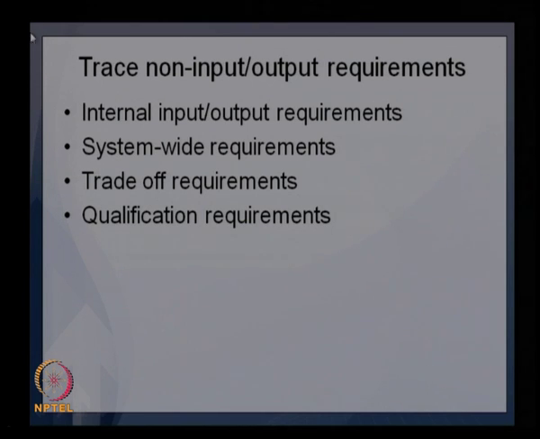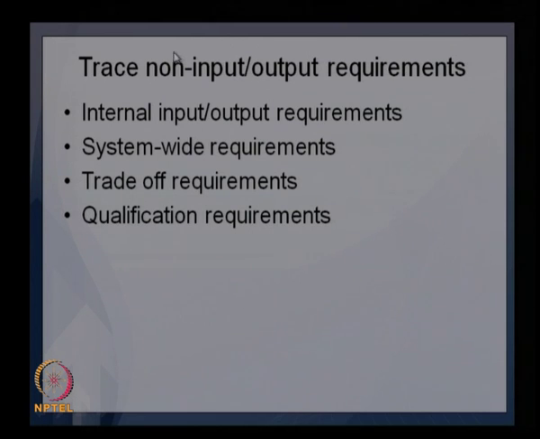Okay, so that was about the allocation of functions, the different methods for allocation of functions and the principles to be used. Among the important activities to be carried out in the allocation architecture, one is to trace non-input output requirements.